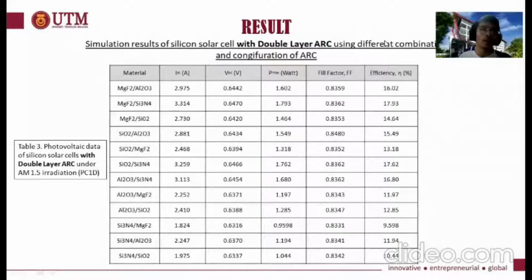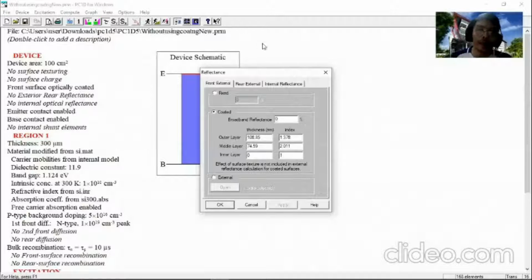After that, we go to our last simulation, which is the solar cell with a double layer ARC using different combinations and configurations. We have 12 configurations and combinations here. I will choose the best one for this simulation, which is magnesium fluoride and silicon nitride. I put the outer layer and the middle layer as our single and double layer. The outer layer represents our first layer, and the middle one represents our second layer.